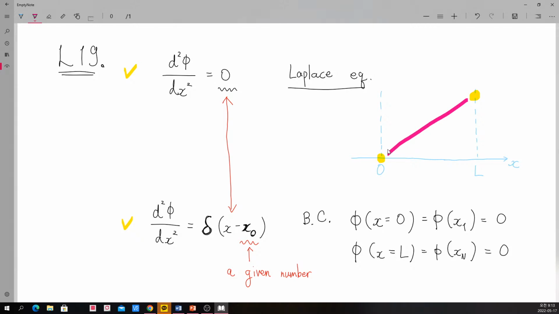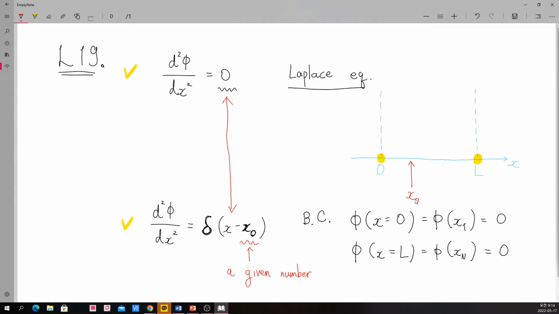But the point is, now let's try to interpret the form of this lower equation, the newly introduced Poisson equation. In this case, the boundary value is vanishing at both boundary nodes, and x naught is a given number within the range of 0 to L. So say, for example, this is x naught.